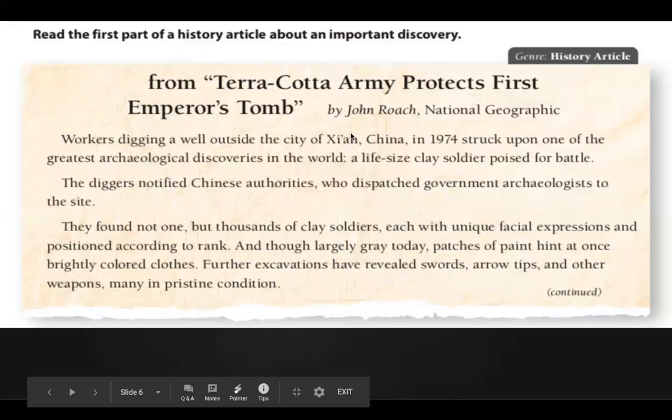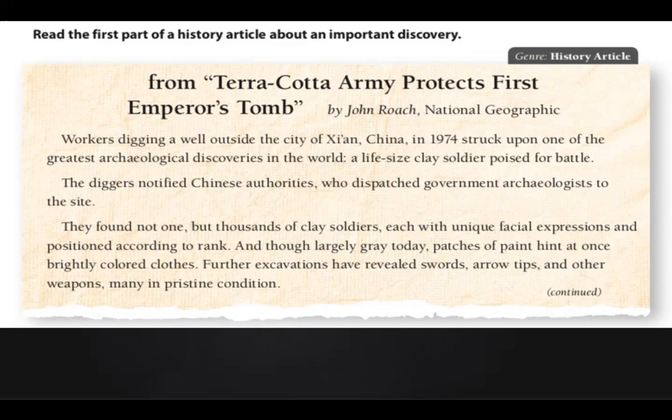All right, can I get one reader to read From Terracotta Army Protects First Emperor's Tomb? Let's see, who can I call on? Jasmine, go ahead, read.